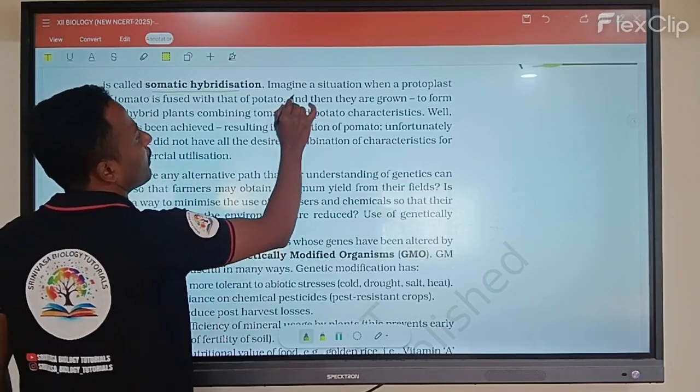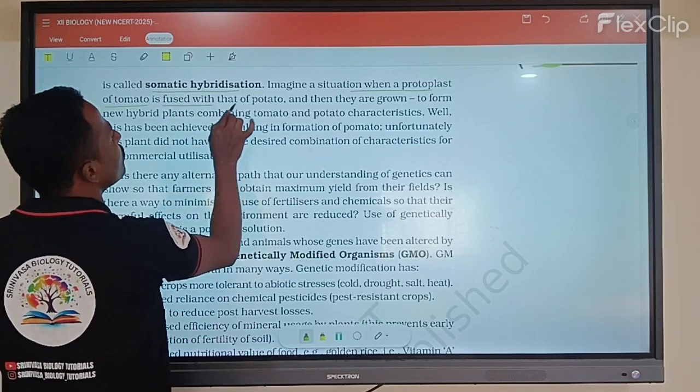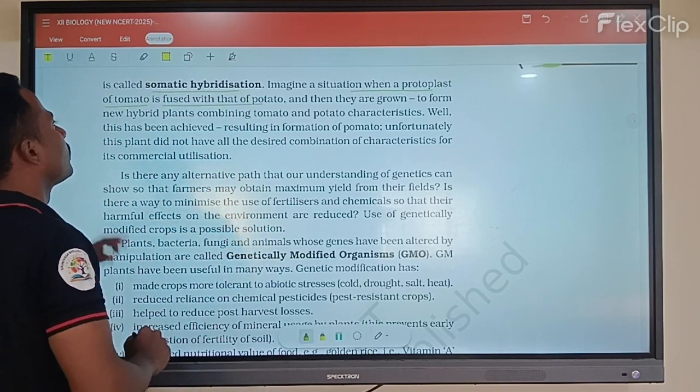Now imagine the situation when the protoplast of tomato is fused with that of potato. They fuse and grow to form a new hybrid plant combining the characteristics of tomato and potato.